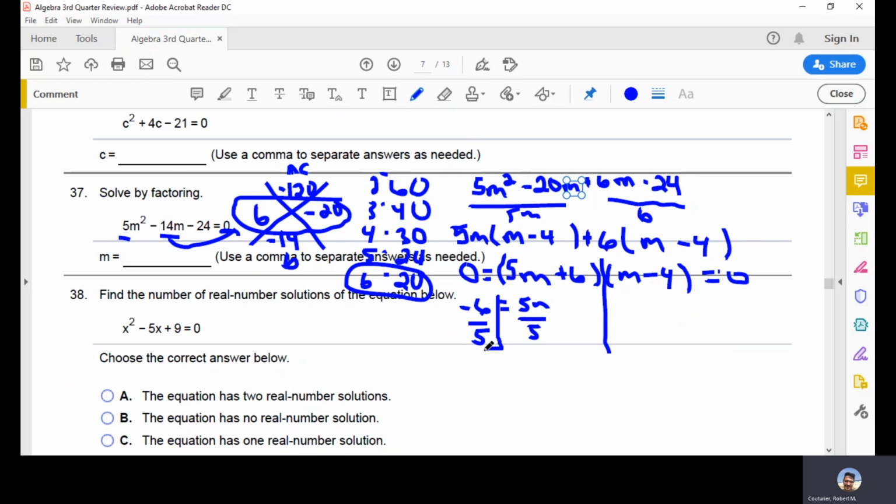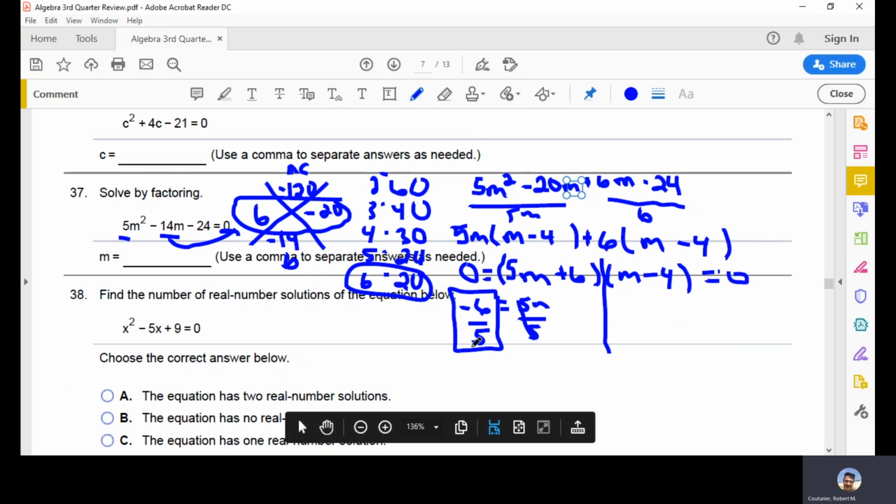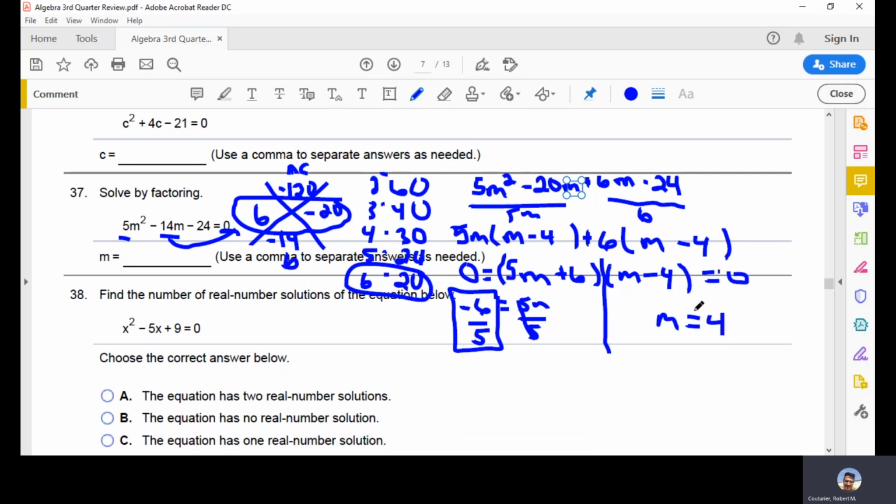So m equals negative 6 over 5, and that does not reduce. On this one, you have to add 4 to both sides, so m equals 4. Here are your solutions, 4 and negative 6 over 5.